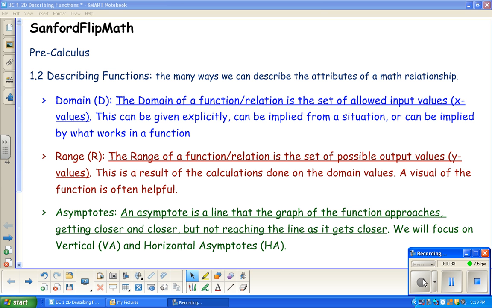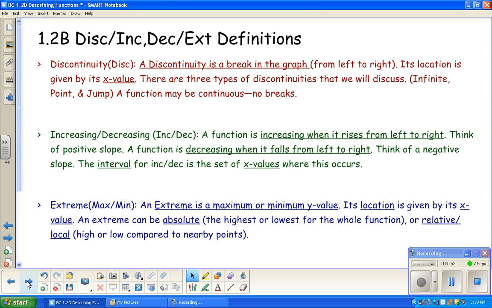Remember domain, the set of allowed x values. Range, the set of possible y values. Asymptotes are closely related to the domain and range. They're not identical in every situation, but we're going to focus on vertical and horizontal asymptotes. Discontinuities are breaks. That could be a break in the graph, and what we are going to focus on is its x value and the type.